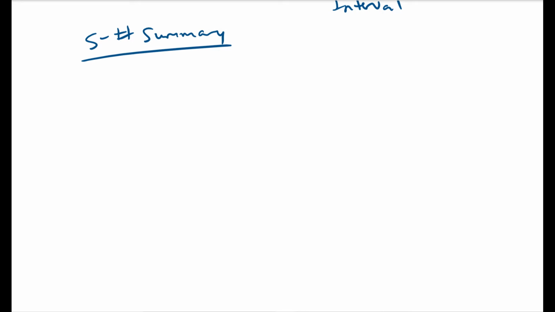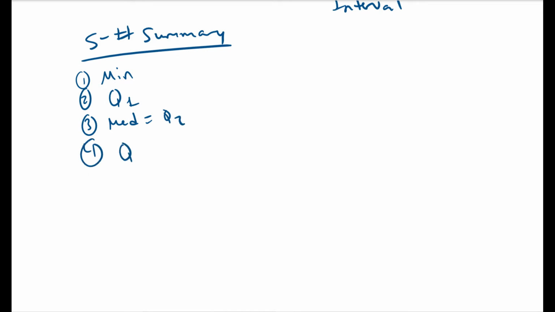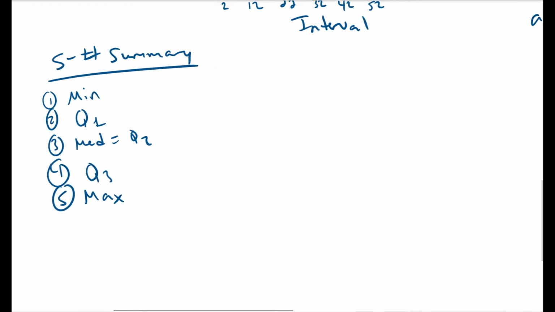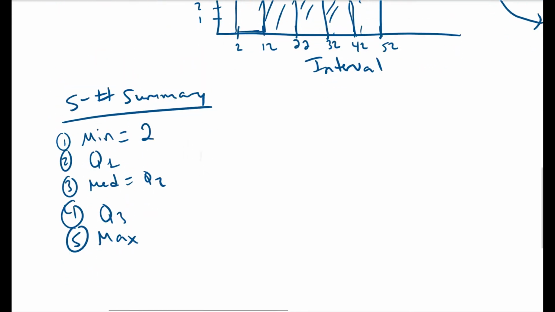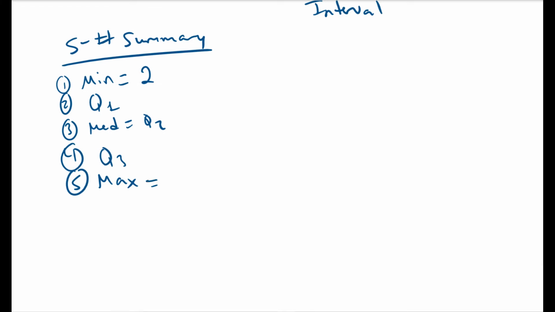The 5-number summary includes our minimum, first quartile, median or second quartile, third quartile, and maximum. In this case, our minimum is easy. It's going to be our smallest number, which is 2. Our maximum is our biggest number, which in this case was 50.